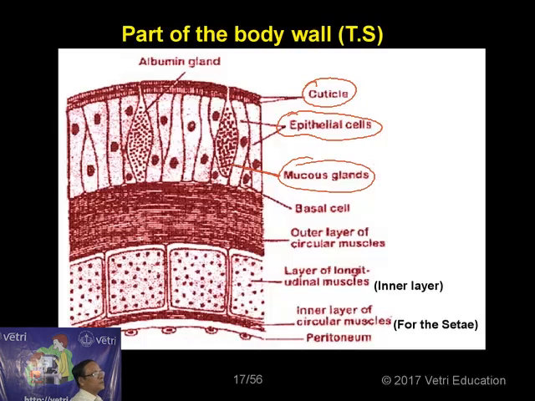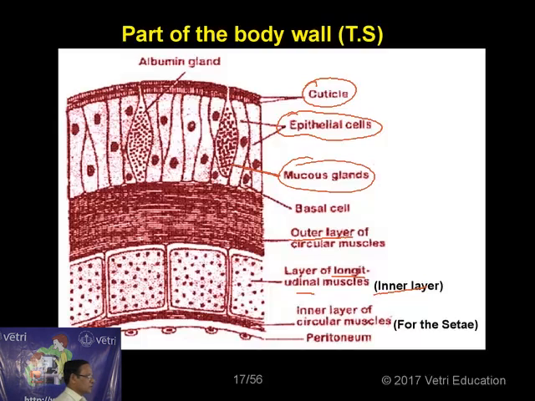Now we have the circular muscles as the outer layer, then the inner layer of longitudinal muscle. The longitudinal muscle extends through the entire length of the body. The circular muscles are found in the form of a ring around each segment. The longitudinal muscles extend from one end to the other, the whole body length.